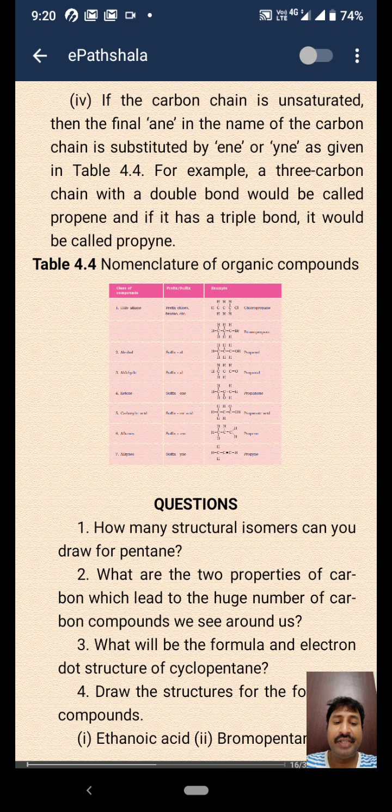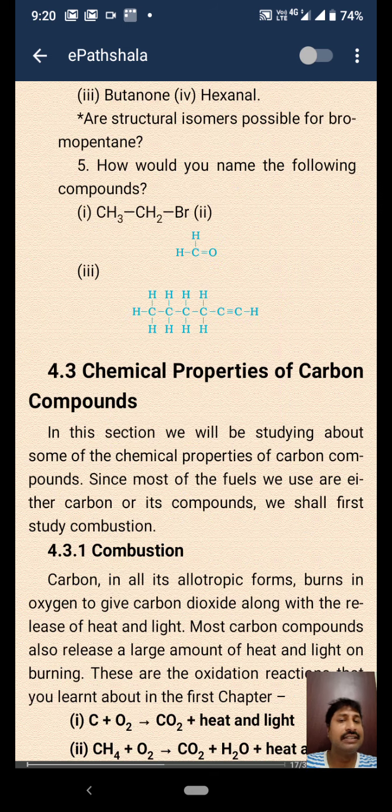While saying it and while writing it, it should be clear at which place it is attached. If it is at the last carbon, it is called 1-propanol. You have to number from the right hand side. First look into the chain of hydrocarbons, then find it out.